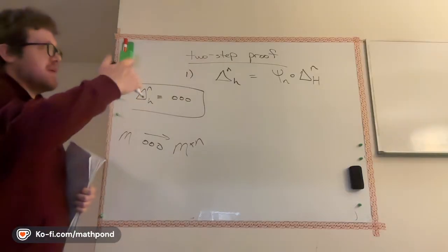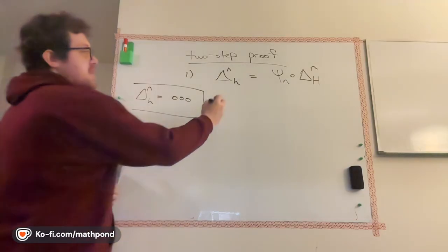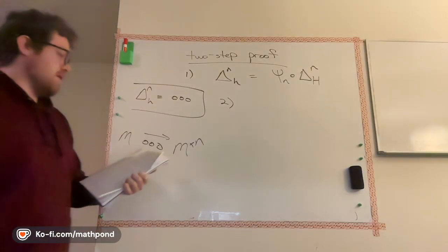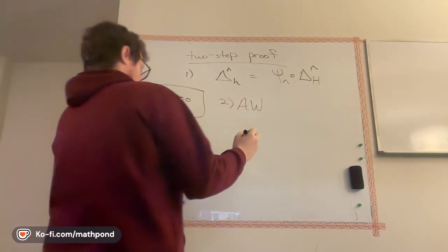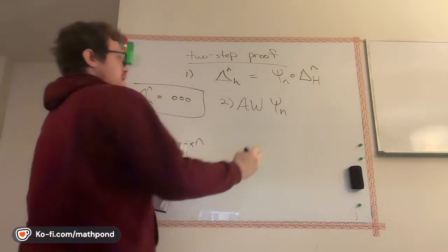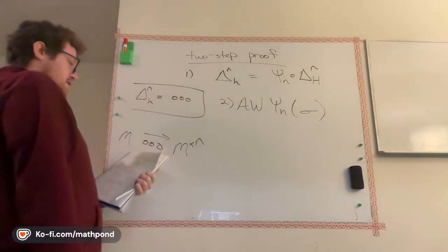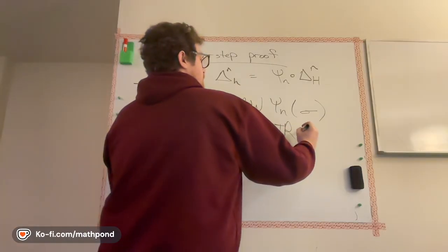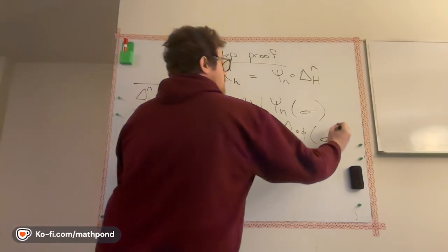So basically, this is saying that the first circle commutes, so proving that the first diagram commutes. And then separately, we want to show that the Alexander-Whitney map of the psi n of, now I plug in a simplex here, should be the same thing as the table reduction of psi of that simplex.